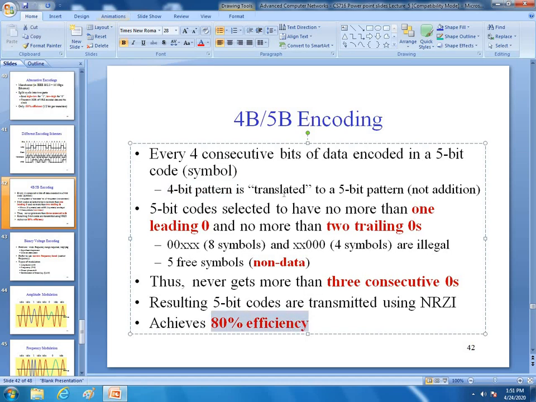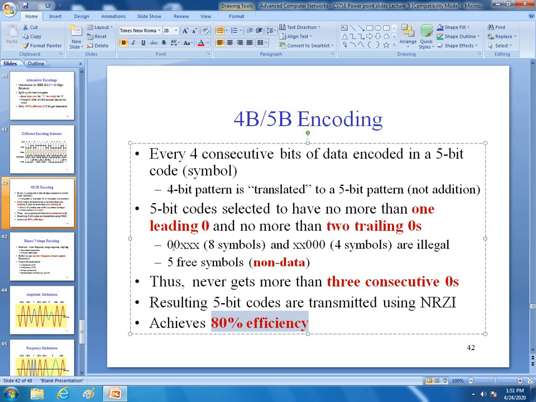However, there are some guidelines to follow while making bit patterns. The first guideline is no more than 1 leading zero and no more than 2 trailing zeros. So any bit pattern that starts with 2 zeros will be considered invalid, and any pattern that ends with 3 zeros will be considered invalid.